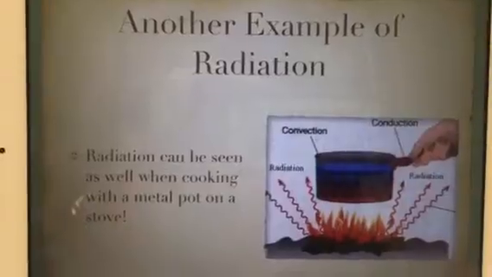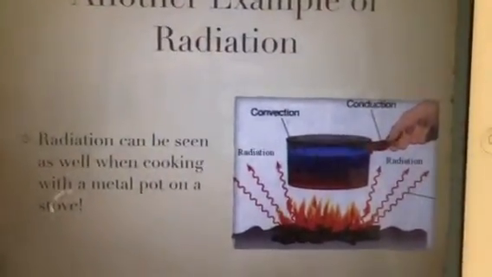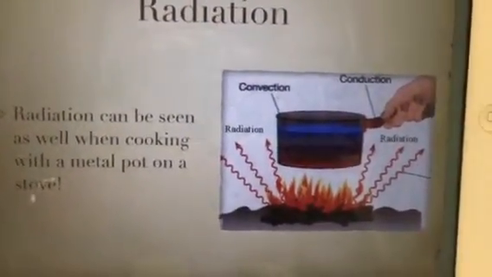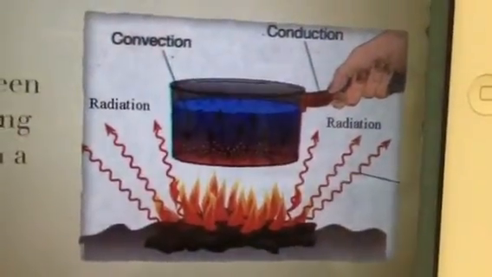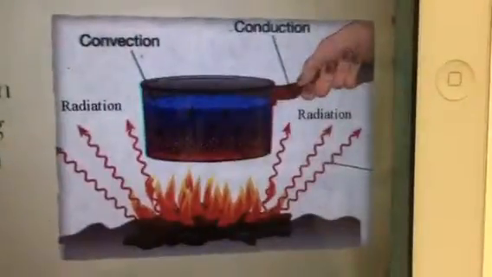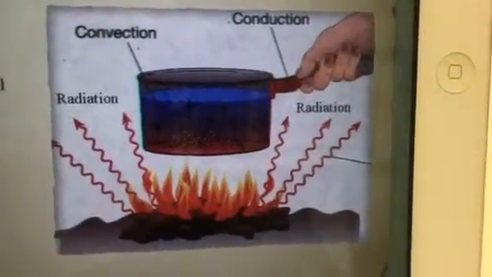Another example of radiation can be seen as well when cooking with a metal pot on a stove. You can see all three ways being used right here.